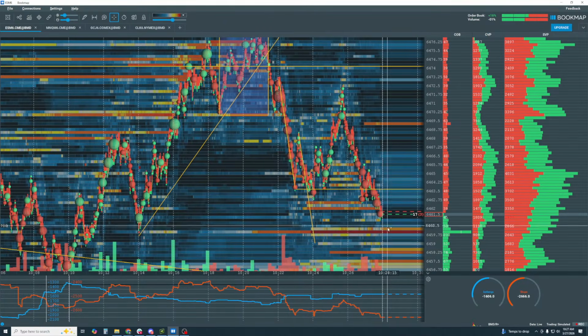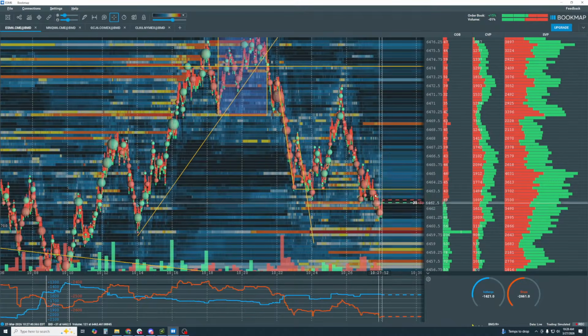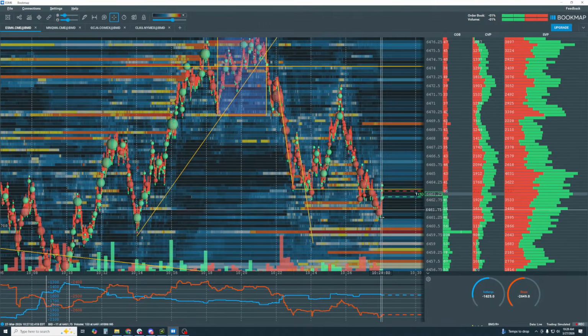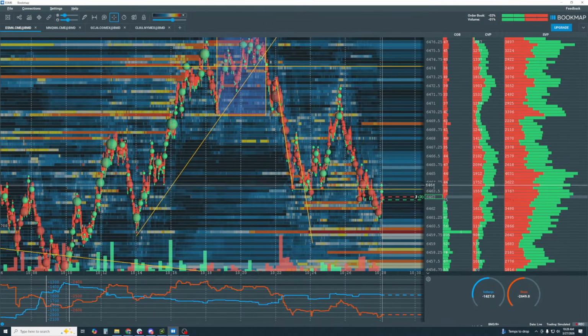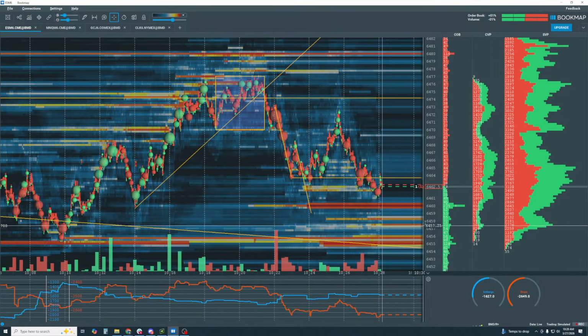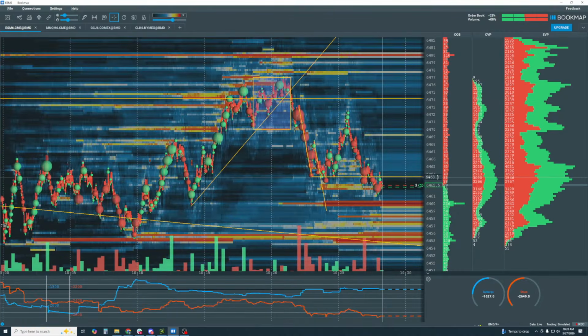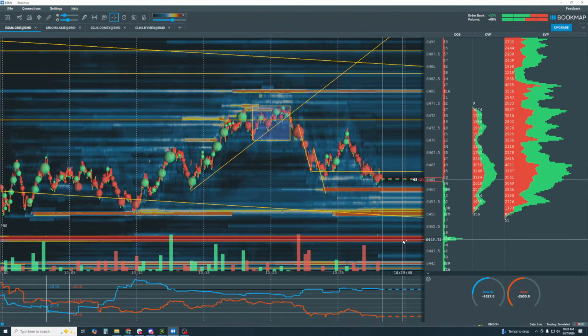Okay, so now looking for the sellers to re-engage again. Looks like they want it. I would look for the continuation into this 60 and 55, which is near the low of the day here, and then ultimately 50.